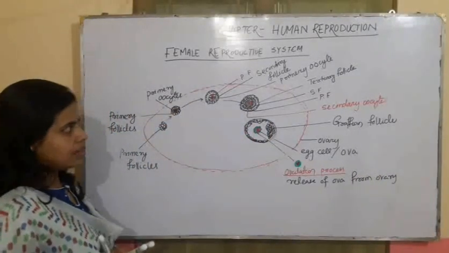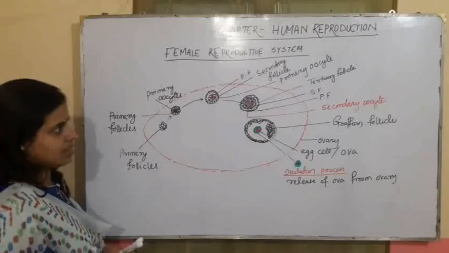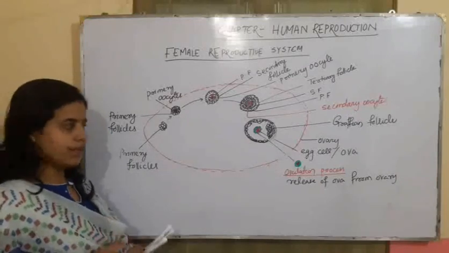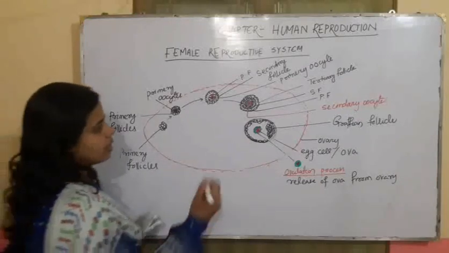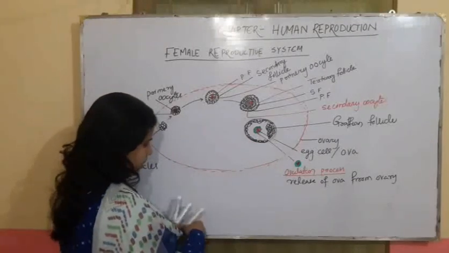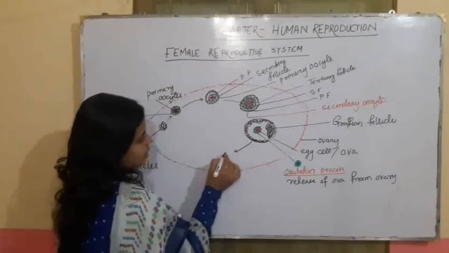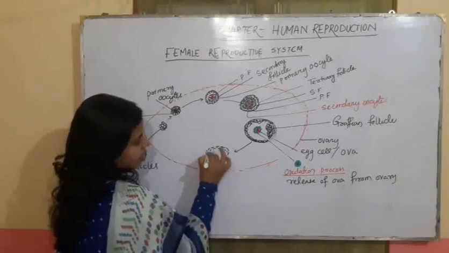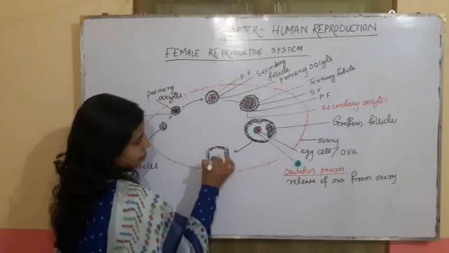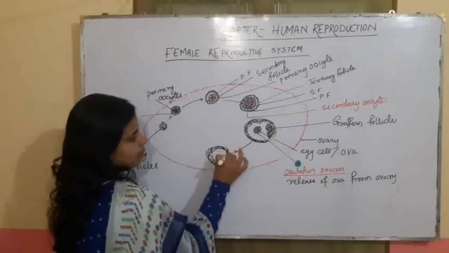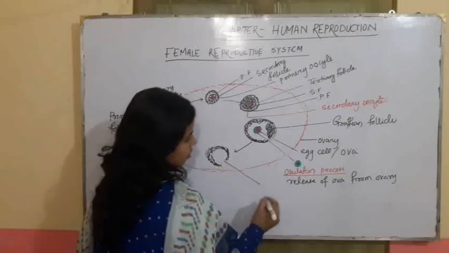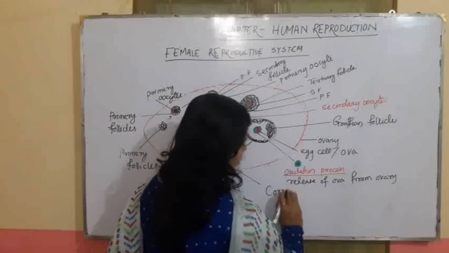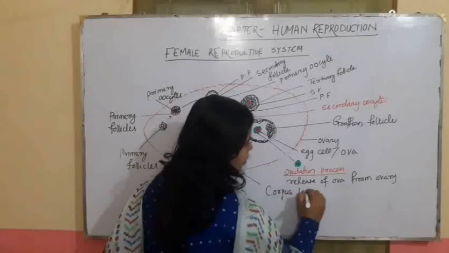Okay, so after this, what next changes will come here? The Graafian follicle converts into a temporary gland structure. Let us draw it like this, a structure with huge cells. So this temporary gland structure is known as corpus luteum.